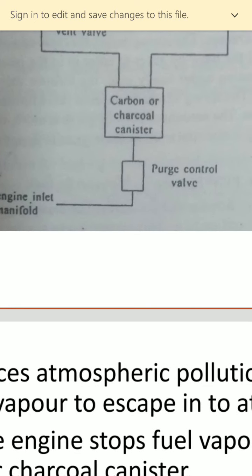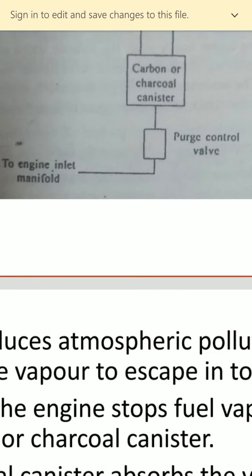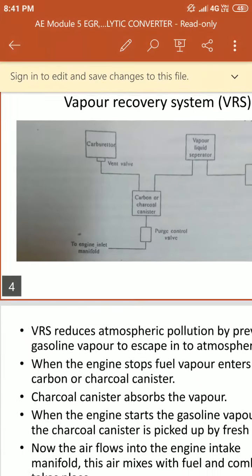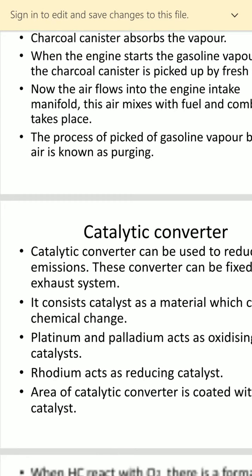The process of conversion from gasoline vapor into the fresh air we call the purging process. This is in general the VRS, the vapor recovery system, with the explanation.